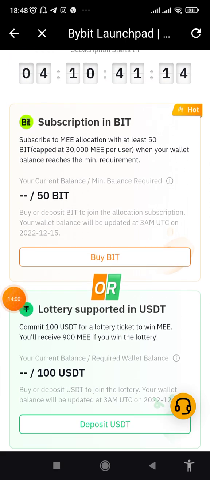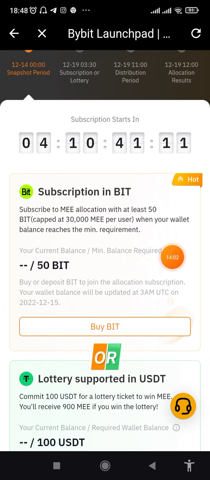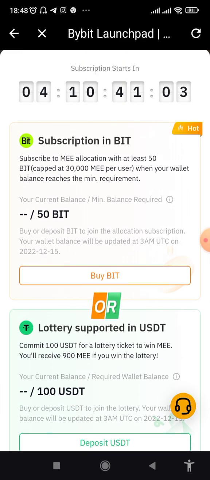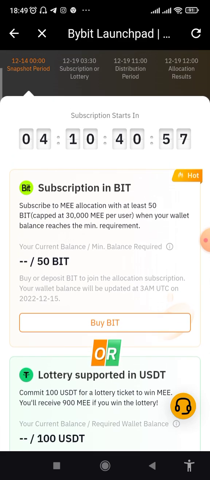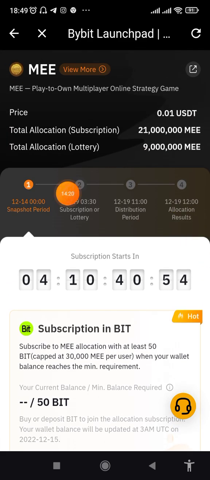And if you check, you see that the BIT one is the juicy one, because you'll only be committing just 17 USDT, while in the other one you'll be committing 100 USDT, but you'll be getting fewer coins, which is probably not good. So that's it. We are currently on the snapshot period. That's the first one, and then we'll go into the second one, which is the subscription period, and then the settlement period, then allocation, and then boom, you will be able to trade the coin.